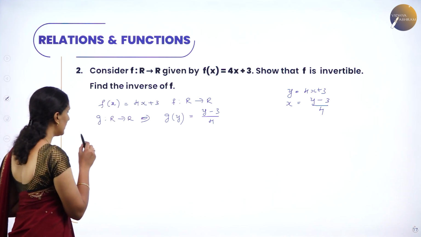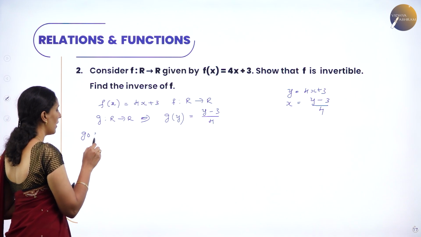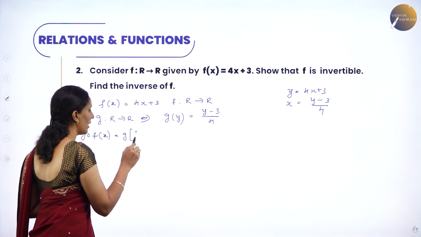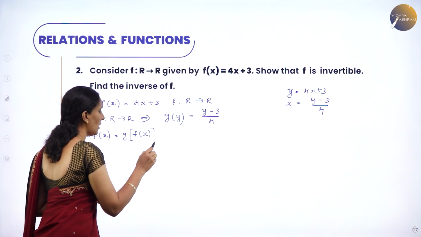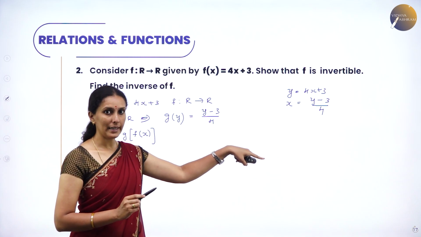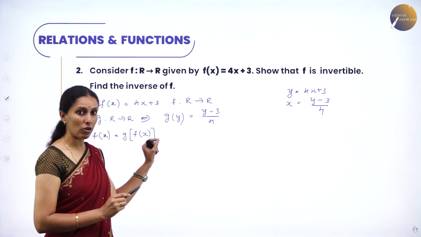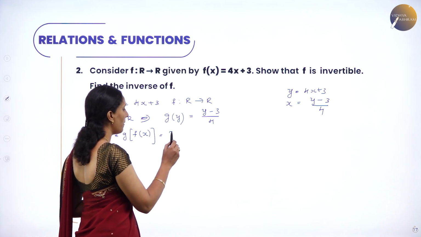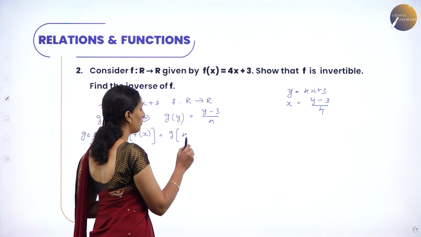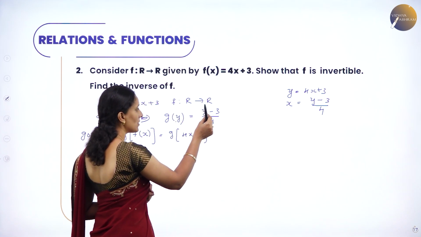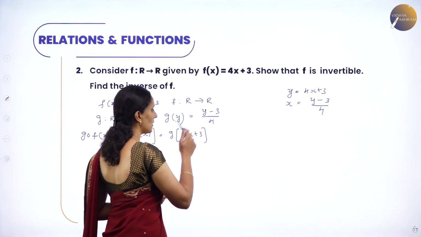Now let us consider g naught f of x, which is g of f of x. Since my domain value is x, I should get the result x only to show that g naught f is identity. So what is f of x? f of x is 4x plus 3. Now we have y, it has to be written in the form of y minus 3 by 4.